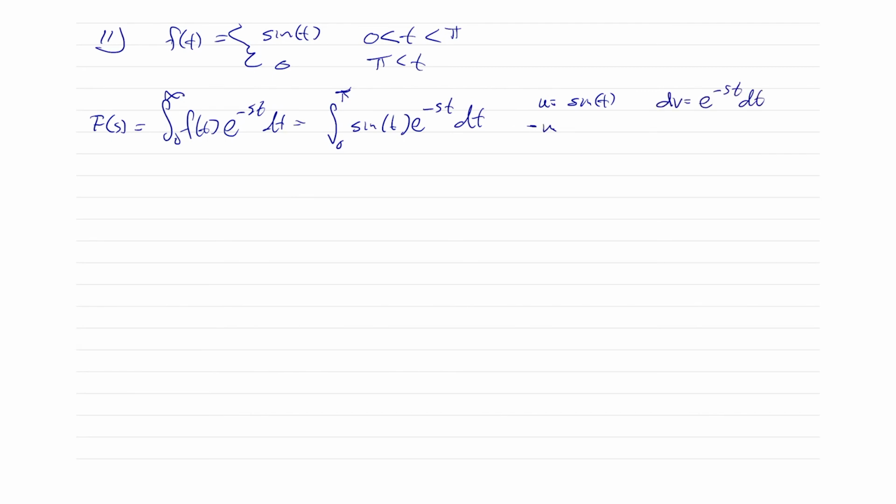And so then we get du is equal to cosine of t dt, and that means that v is equal to e to the minus st divided by minus s.